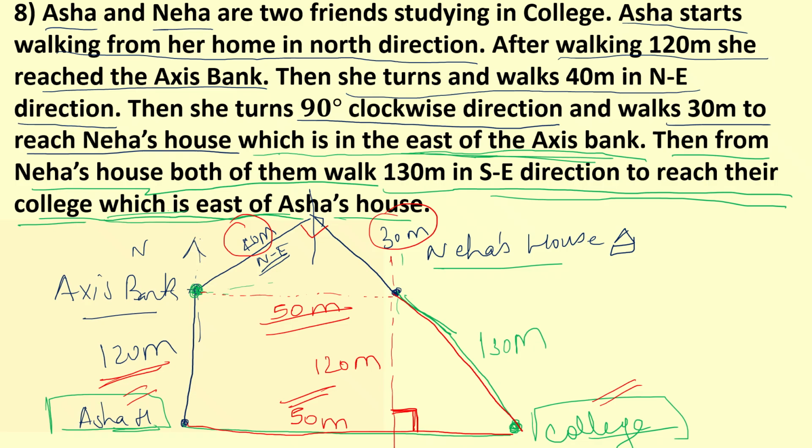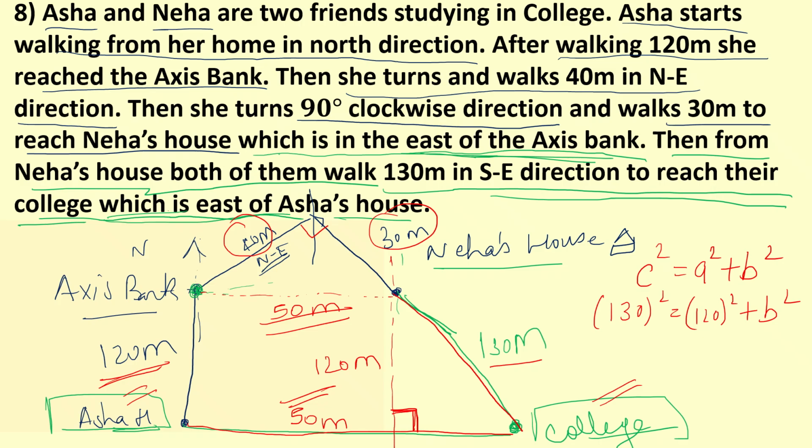And this is one side and this is the other side of the triangle. Now the hypotenuse is already given to you. The other side you need to find out. So the formula is C square is A square plus B square. Now hypotenuse is already given to you, that is 130 square. A square is 120 square. B square you need to find out.